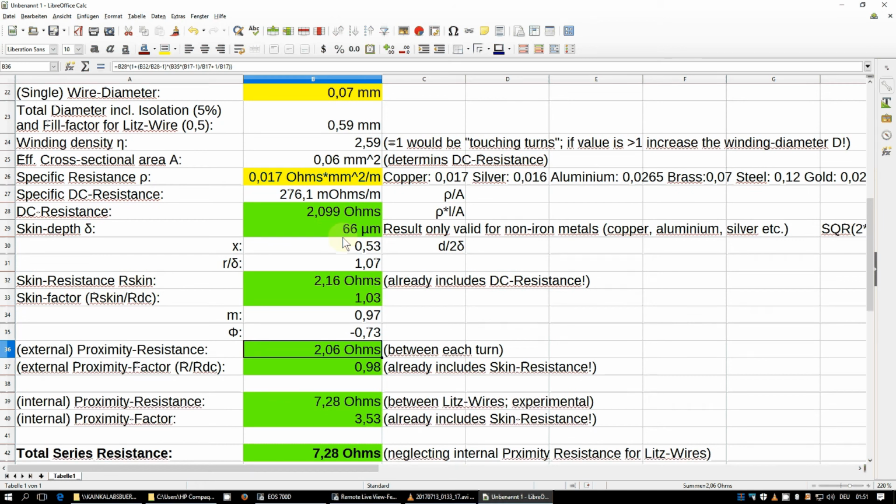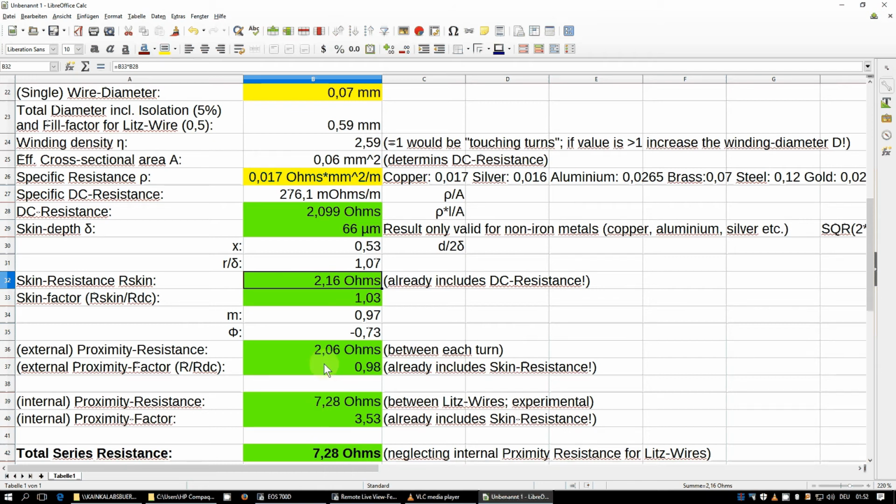But what again, although it's experimental, we can see is the internal proximity effect due to using Litz wire, so between each strand of our Litz wire. That seems to be the dominating effect, and this increases the ohmic resistance, already including the skin resistance, from 2.16 to 7.28 ohms.